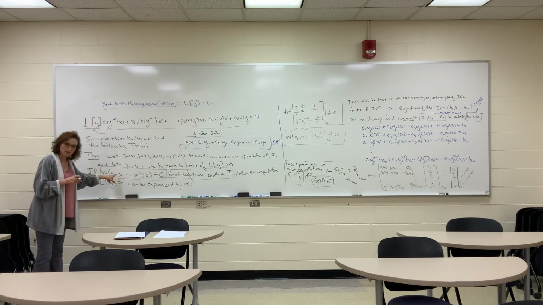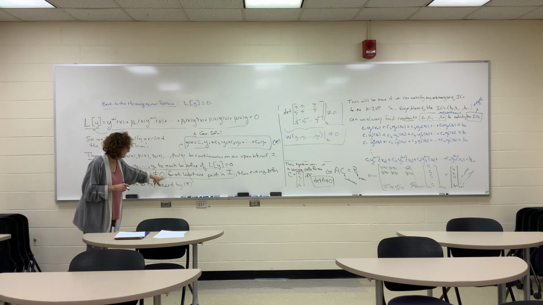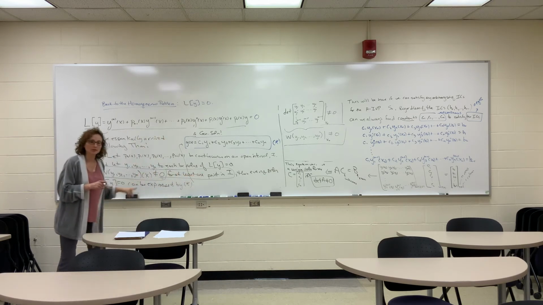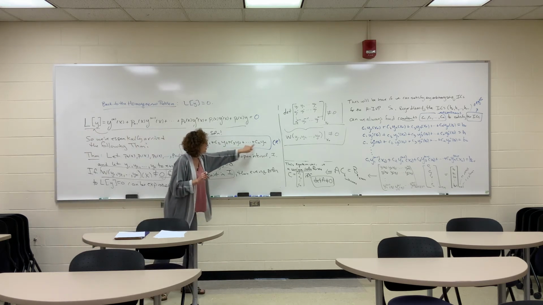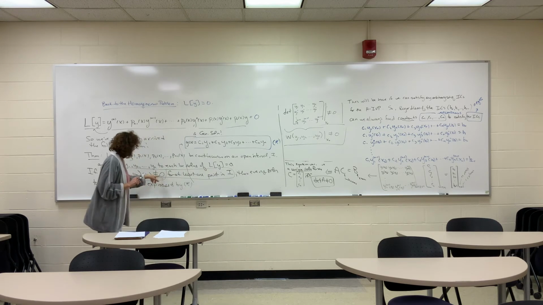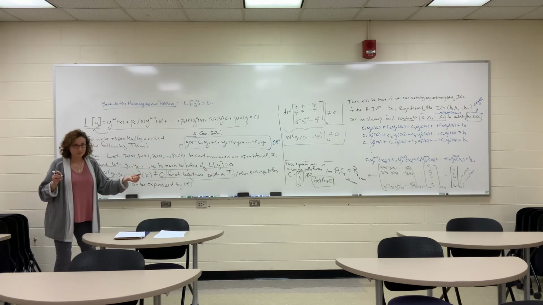It's actually going to be the case that not only is this Wronskian non-zero at at least one point in the interval, but if I've got the right set of solutions so that I generate the general solution, that Wronskian is going to be non-zero everywhere in the interval.